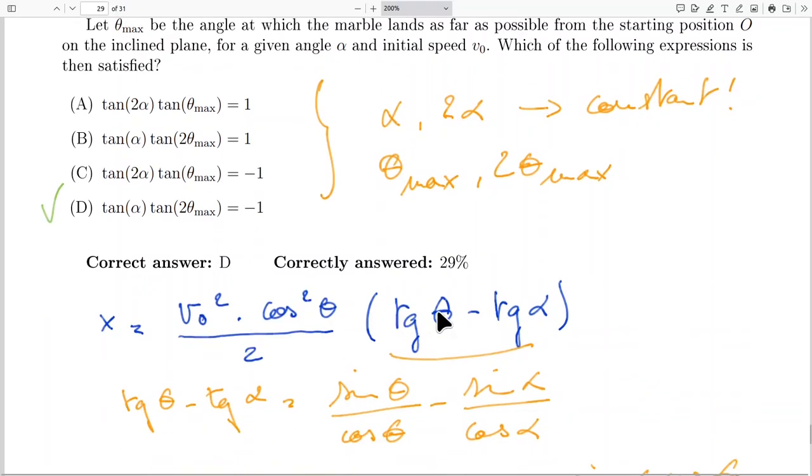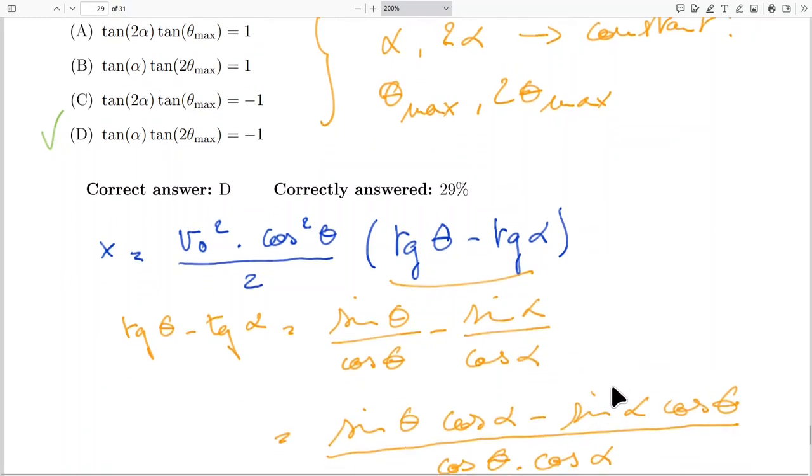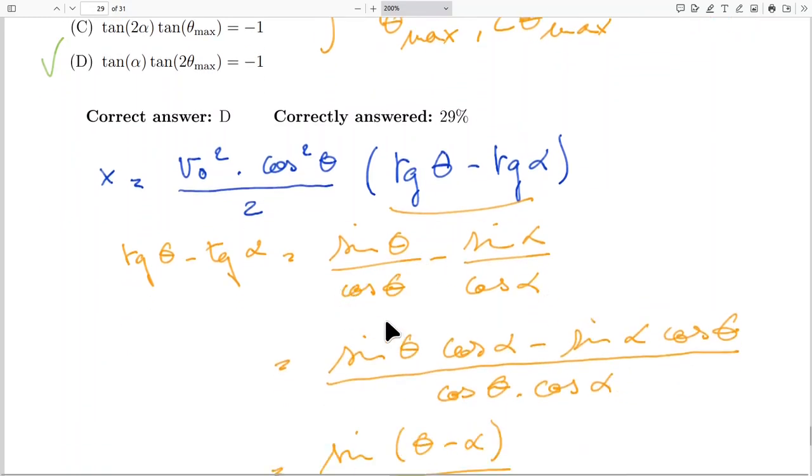Now tangent theta minus tangent alpha, you can obviously write as sine theta over cosine theta minus sine alpha over cosine alpha, and if you put these on the same denominator, you get cosine theta times cosine alpha as denominator, and as numerator sine theta times cosine alpha minus sine alpha times cosine theta.